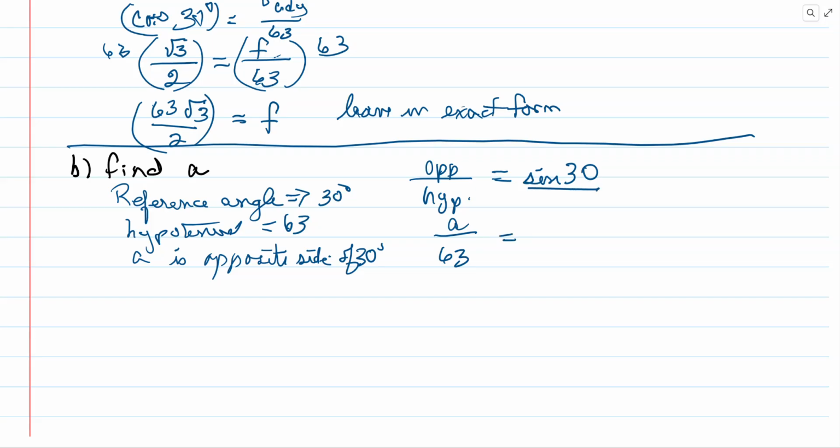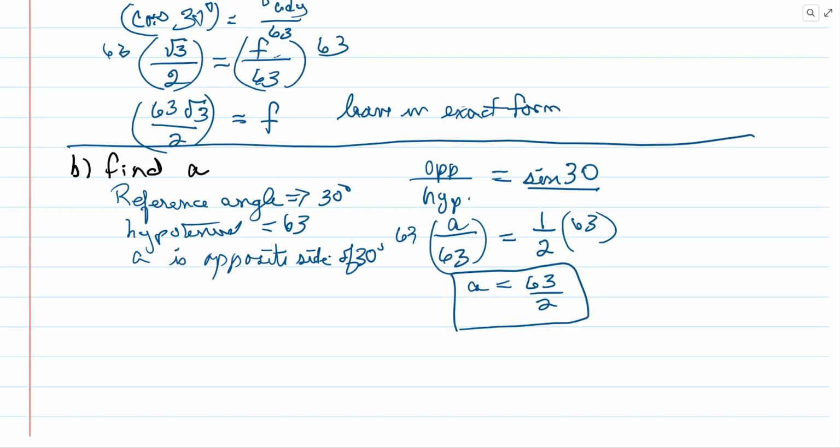The ratio for sine 30 is 1/2. So we're going to multiply both sides by 63, and therefore A is 63/2. And this is an exact answer.